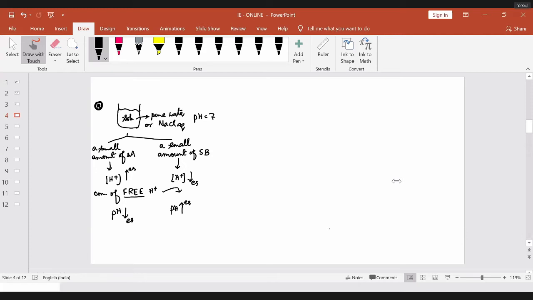And in these solutions, whenever we are adding a small amount of strong acid and a small amount of strong base, what is happening? Free H plus ion concentration is increasing, or you can say free OH minus ion concentration is increasing, and because of that the pH value is changing. Decrease or increase of pH value. I am interested in the term change in pH value, right?